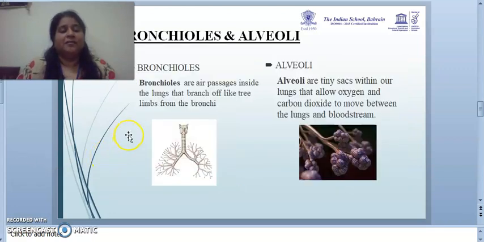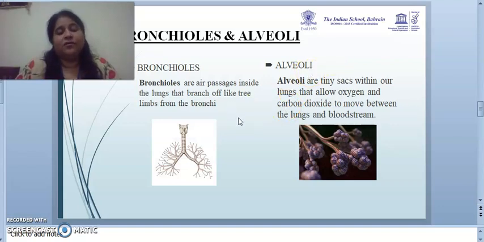So the next part is the bronchus. Then as it enters the lungs, it divides and redivides into a network of branches, and this is called the bronchioles. The bronchioles all end in a cluster of balloon-like structures called alveoli.